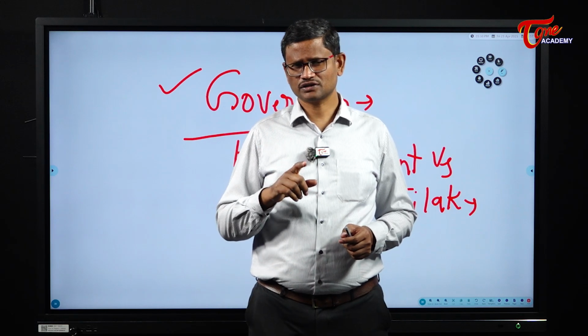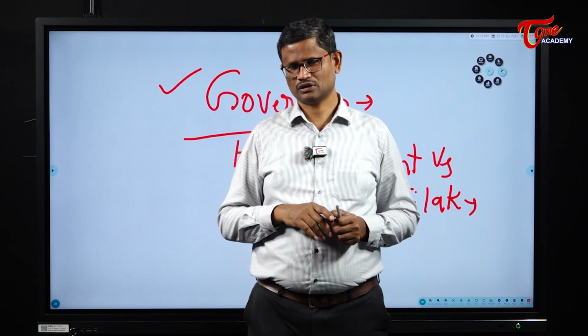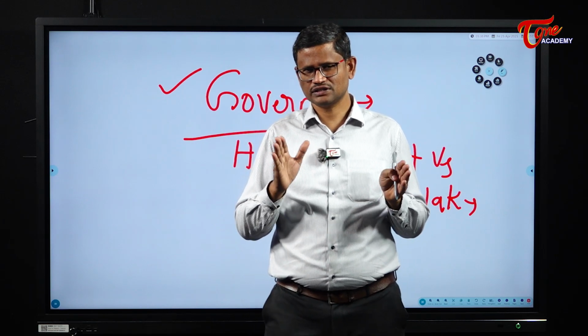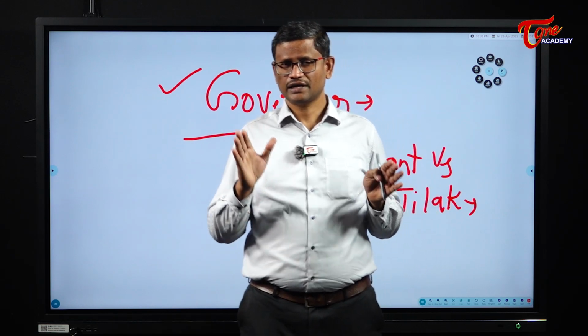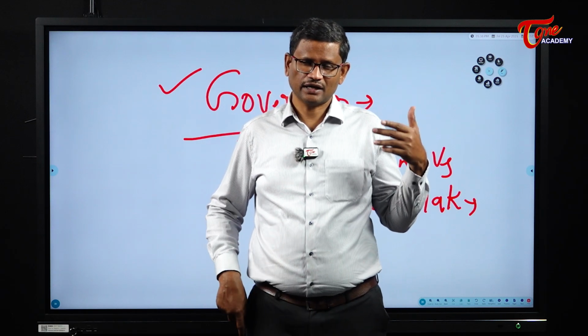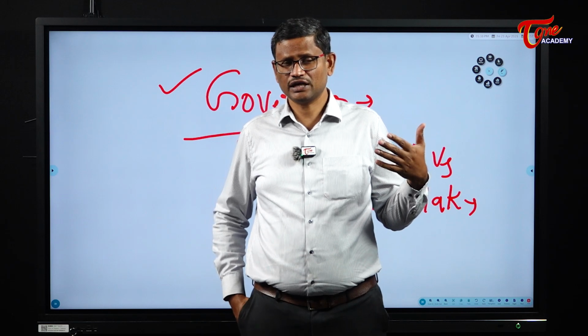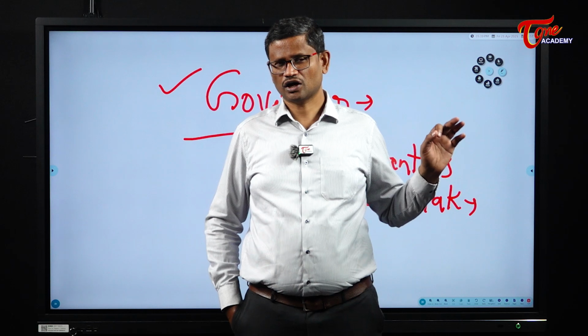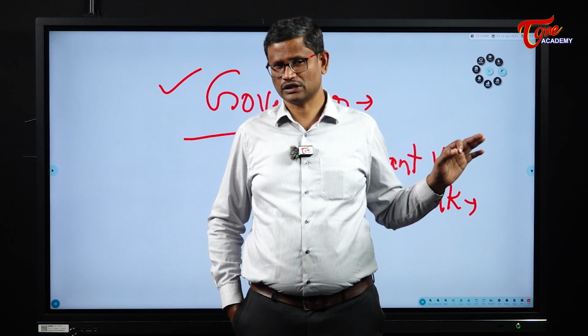The governor is not an employee of the central government. The governor is the constitutional head of the state government. The Supreme Court said the governor need not act like an employee of the Union government. He can remain independent and uphold the Constitution of India. That is the Hargovind Pant versus Raghukul Tilak case.